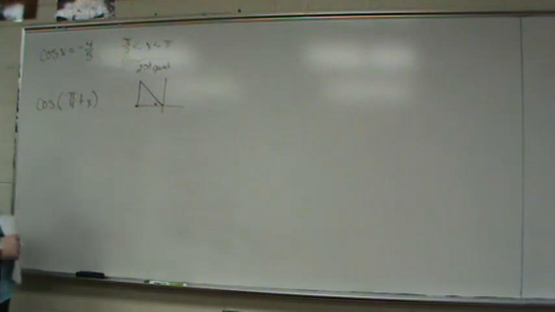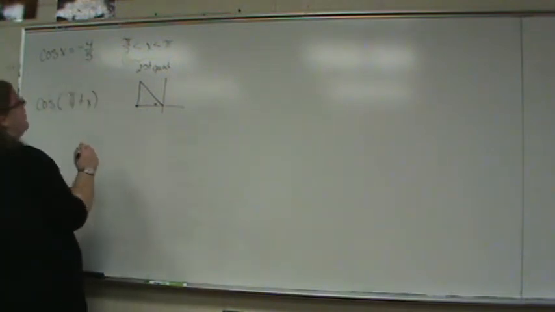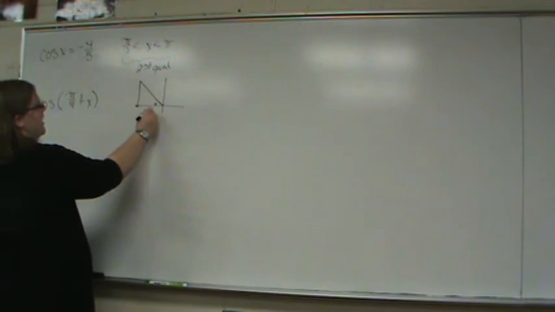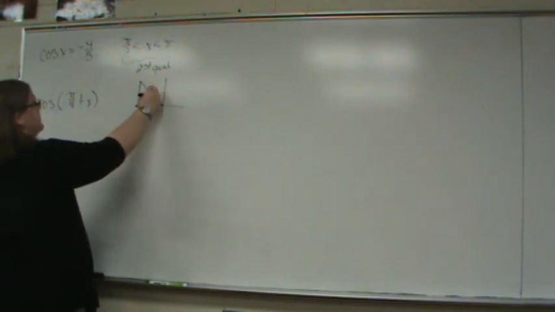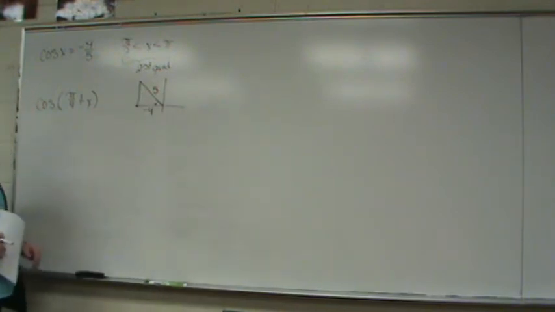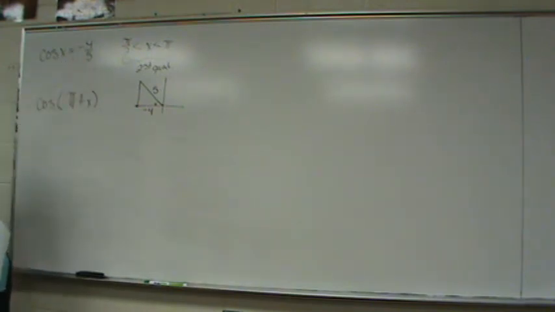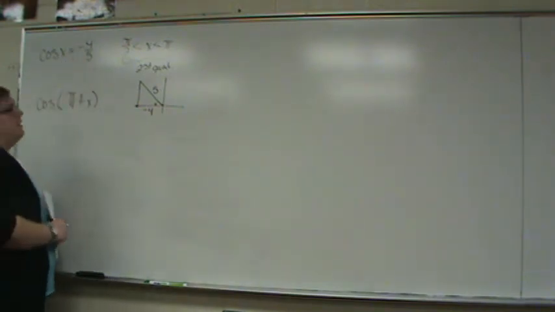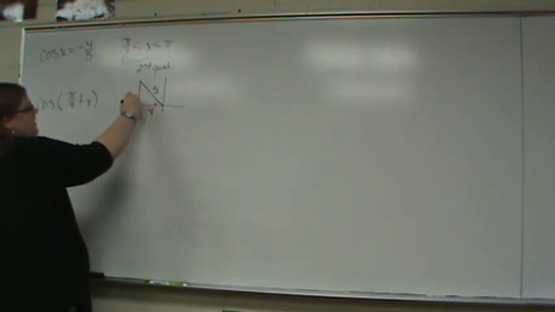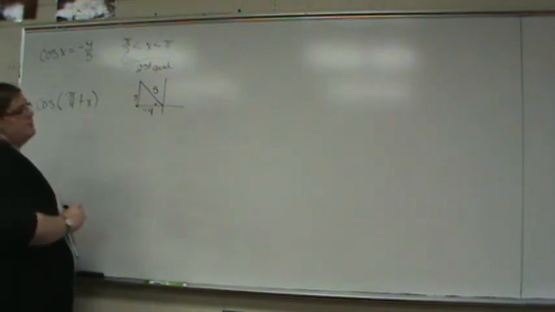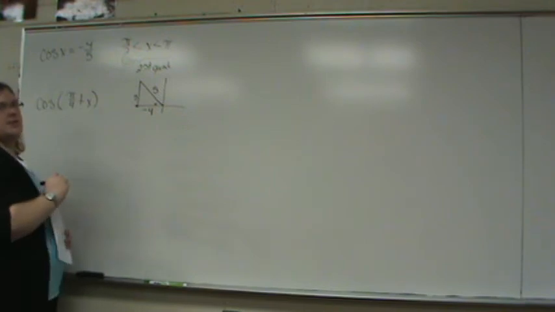So we can label our triangle. The negative 4 is my adjacent side, and the 5 is my hypotenuse, because cosine is adjacent over hypotenuse. Then I need to find my third side, which we'll call y for right now. So how do I find that third side?